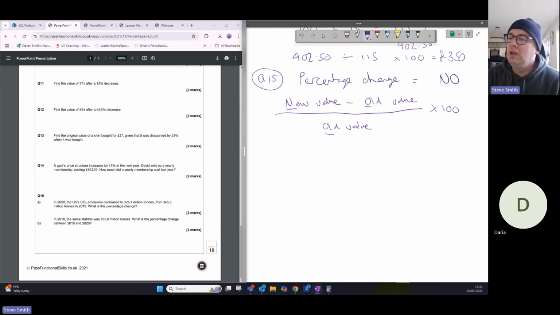So in that question, in 2020, they decreased to 326. So we got 326.1, this is the new value. It's decreased to that, minus our old value, 365.2, divided by our old value, times by 100. I notice I'm not putting it into millions, which I could.